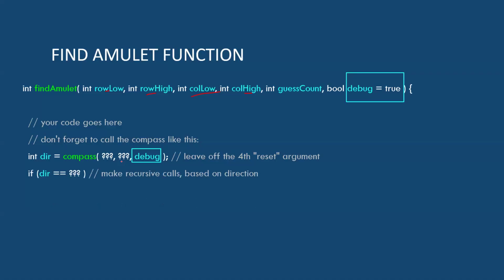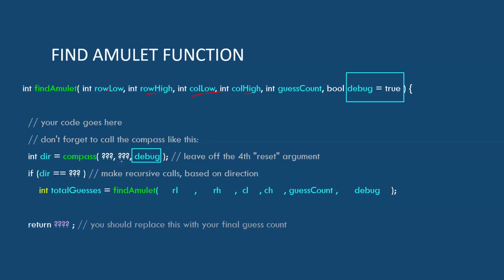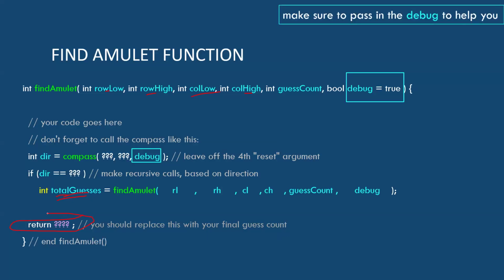I'm going to get a direction back, and I'm going to divide and conquer. Recursively call until I figure out where it is, okay? And then return the total number of guesses that you've taken the whole time, okay? Which is a little tricky, but not that tricky, okay? That is homework 2, okay? And debug will help you if you set it to true the whole time, okay?